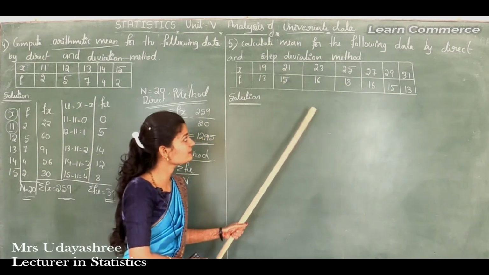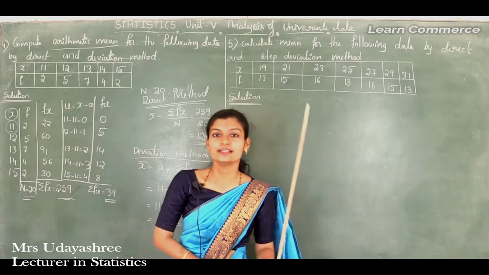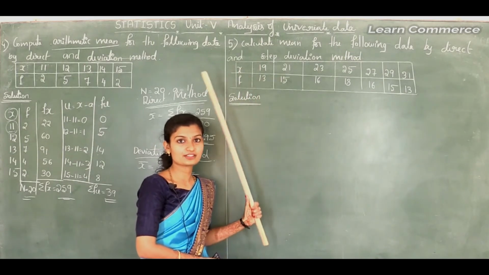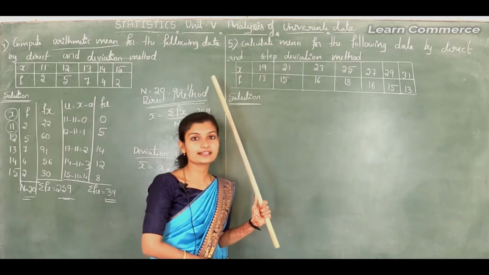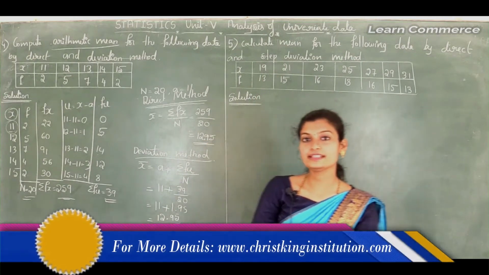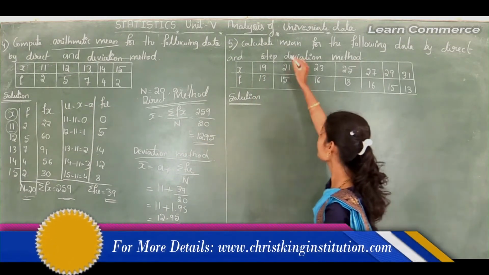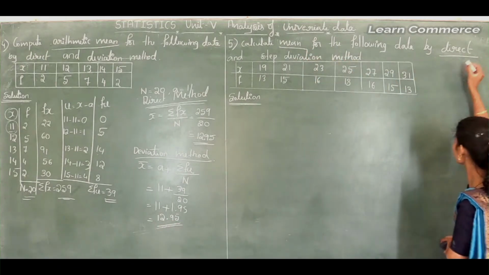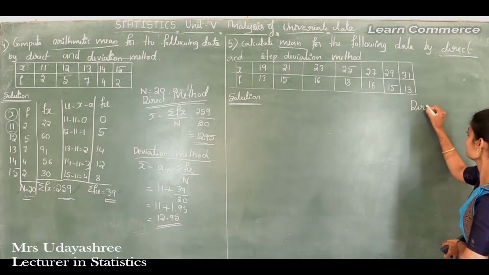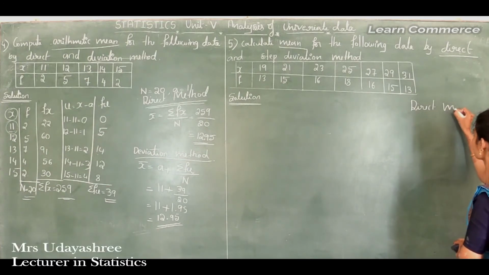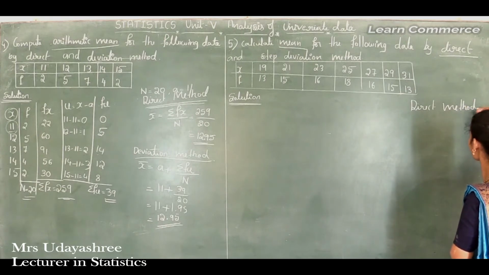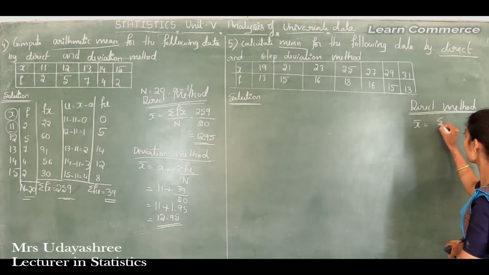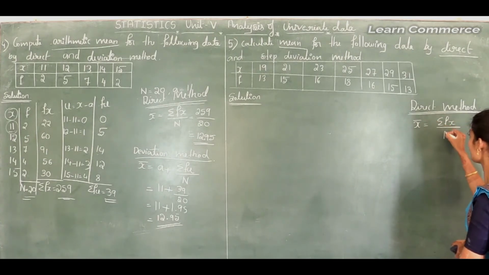So here two sets of observations are given, in the sense these are discrete data. In discrete data, to calculate the mean using the direct method, the formula is x bar is equal to the sum of fx divided by capital N.